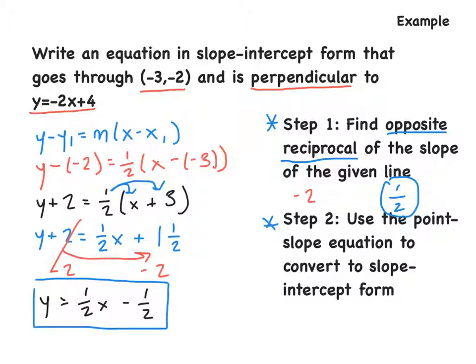So remember, the slopes must be the opposite reciprocal. So the opposite reciprocal of -2 is 1/2. Thus, y is equal to 1/2 x minus 1/2.